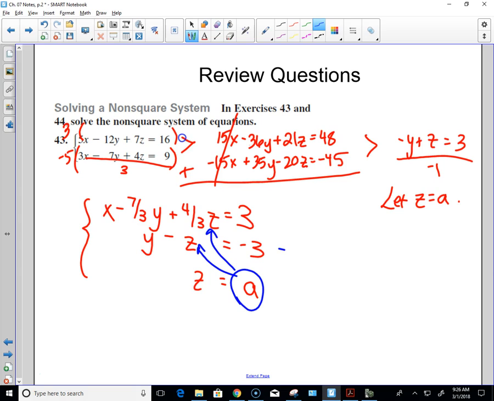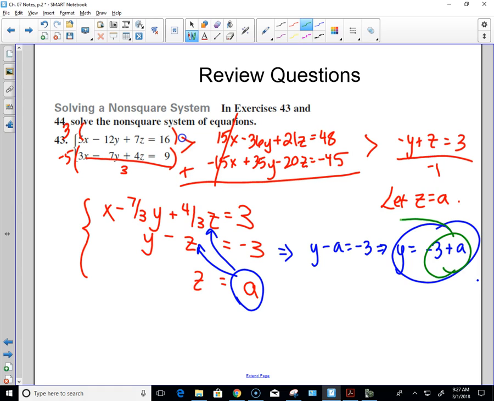Go find y. Because if y minus a is negative 3, then remember, whenever the a comes in, everybody has a's. So y is going to equal negative 3 plus a.